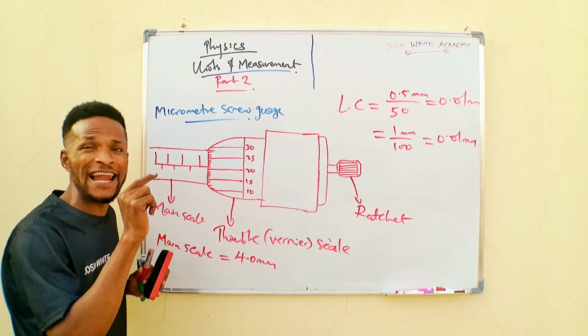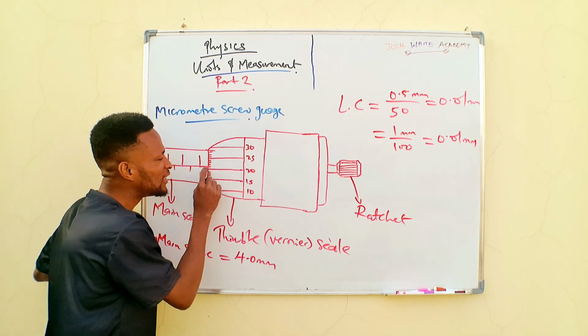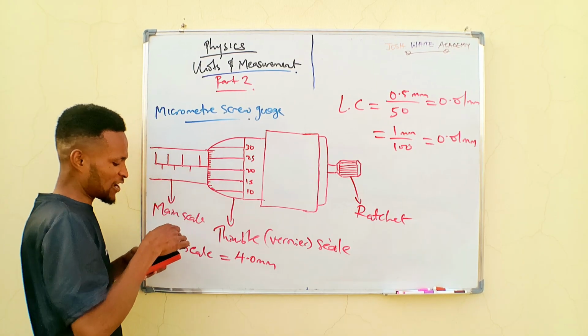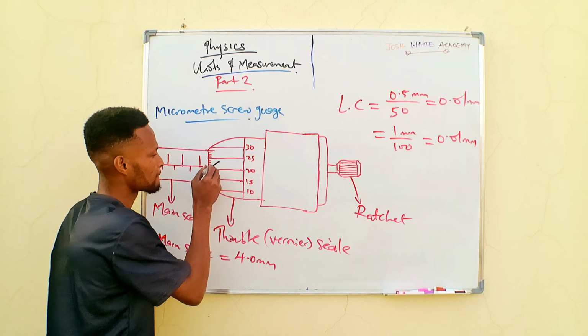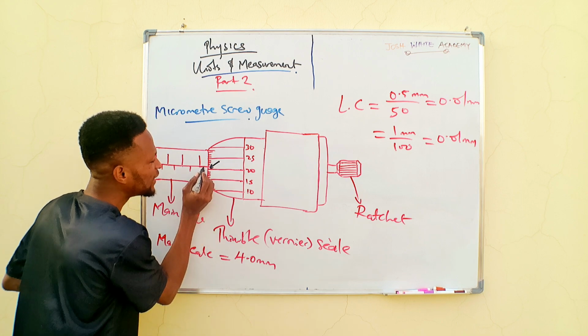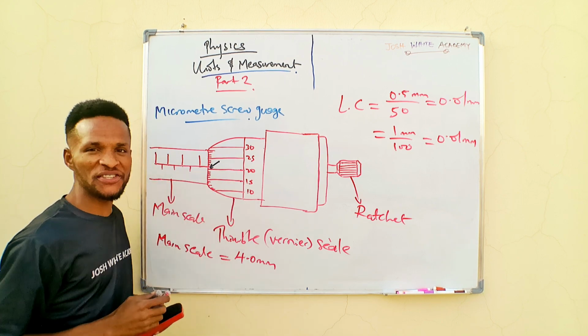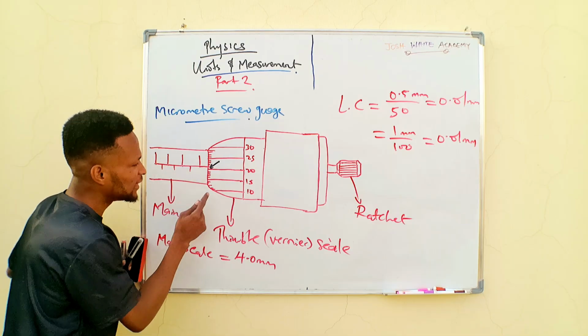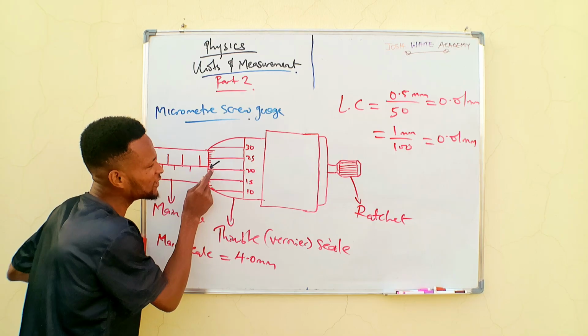Now, what you check, like we did in the Vernier caliper, is the coincidence, as you can see right here. There is a coincidence between this and that of the thimble scale. So check what that is. Is it 10, 15, 16, 17, 18, 19, 20?